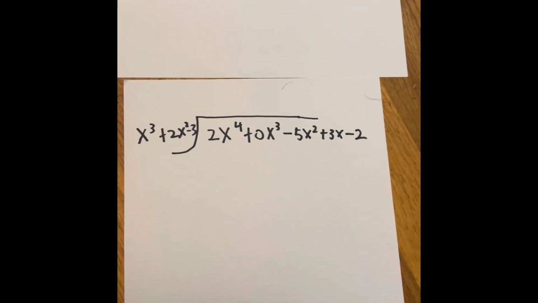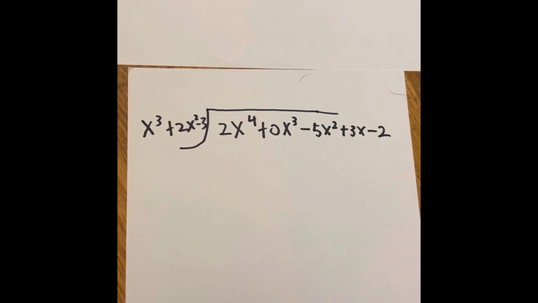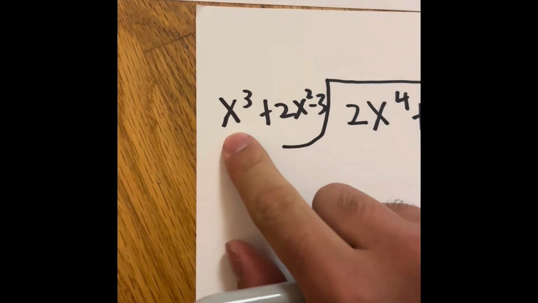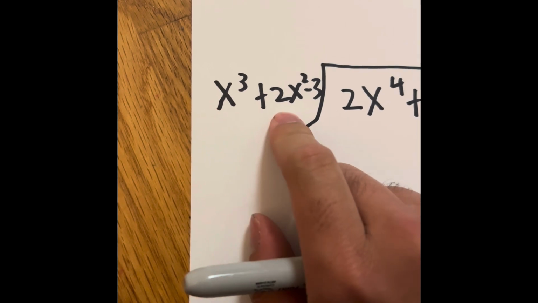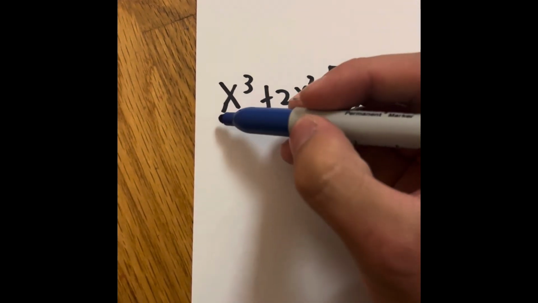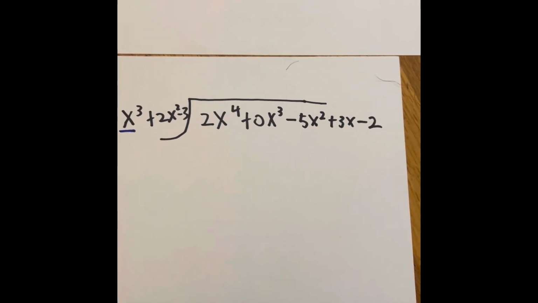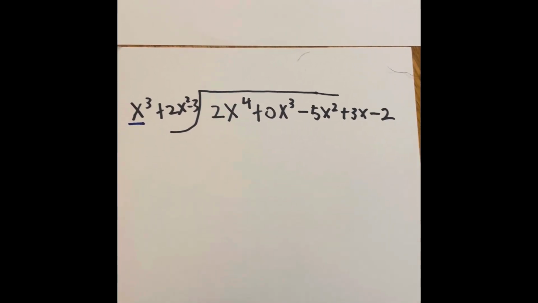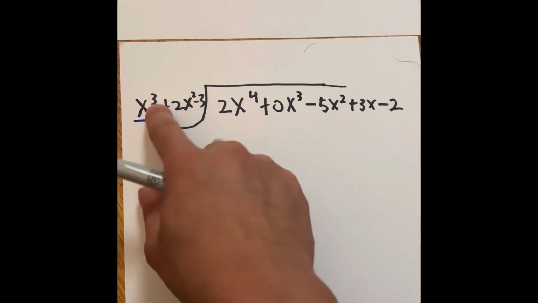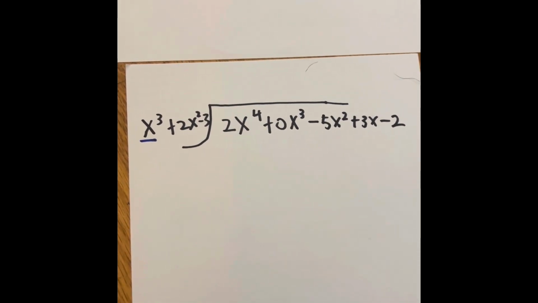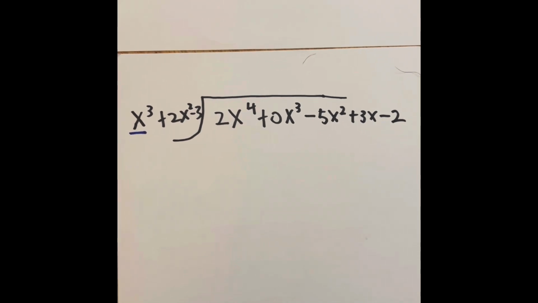Let's get started. Since we use the first exponent of the divisor to plan out what the answer is, let's see what happens. If I use x to the power of 3 and try to get to 2x to the power of 4, what can I use to get there?